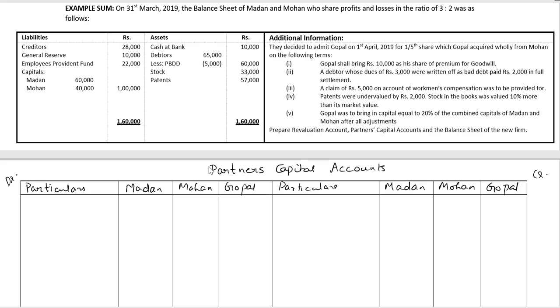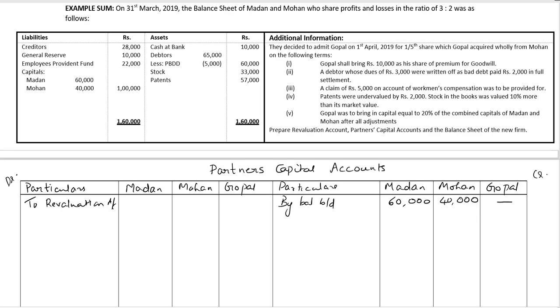We'll begin by bringing down the balance of the capital accounts. By balance brought down 60,000 against Madan, 40,000 rupees against Mohan. We'll transfer the loss on revaluation to revaluation account.